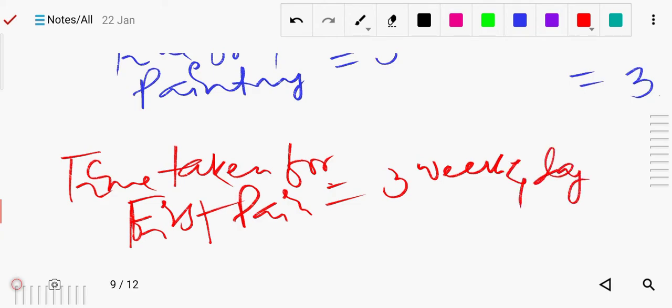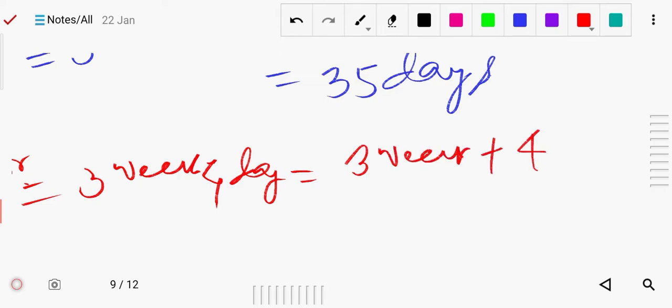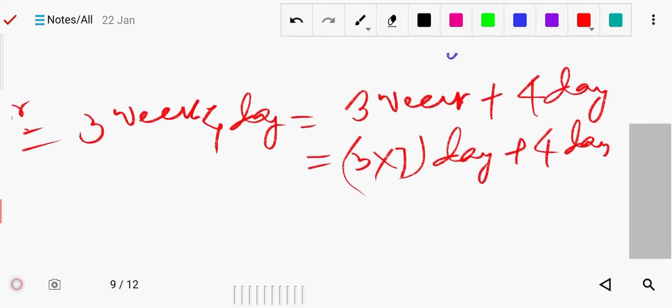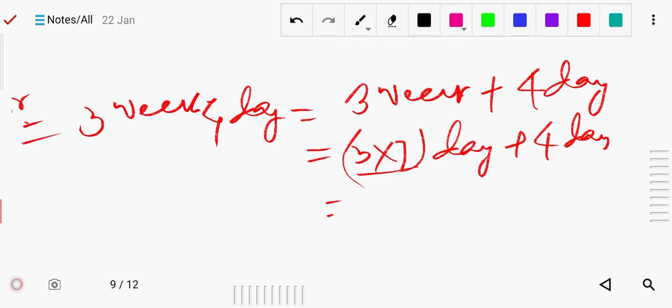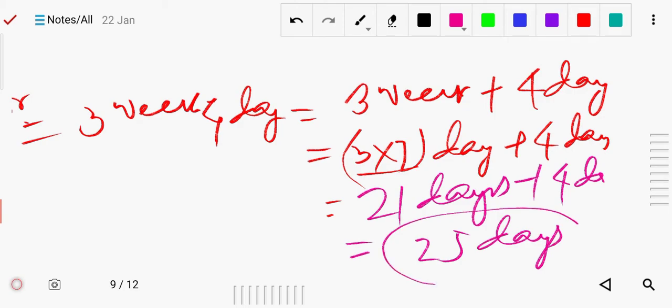So write in the plus form, 3 weeks plus 4 days, and you can convert it. So you can multiply 3 into 7, it will be the days, plus 4 days. So 3 into 7, how much will it be? 21. So 21 days plus 4 days, altogether 25 days. So the first painting took 25 days.